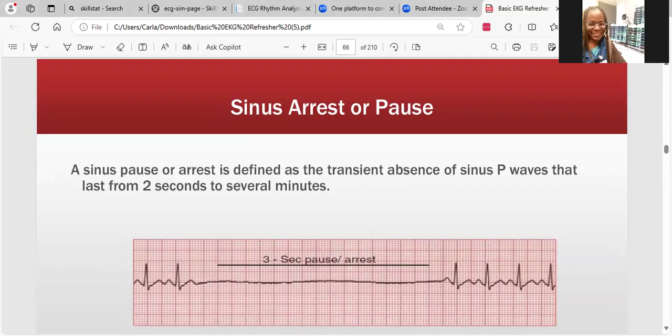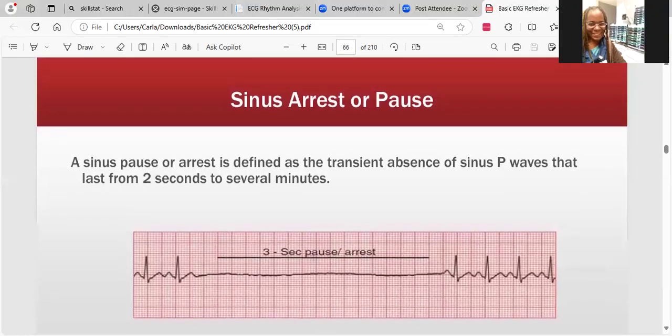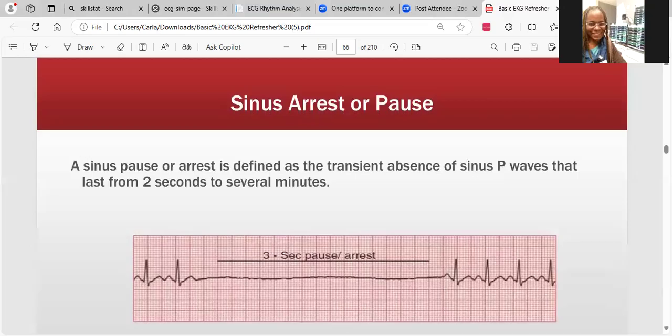There's no electrical activity going on at this time. There is nothing beating, so it is considered a sinus arrest or pause. Depending on how long it is, will determine if it's a pause or if it's an arrest. Doctors kind of interchangeably use this word depending on that timing.